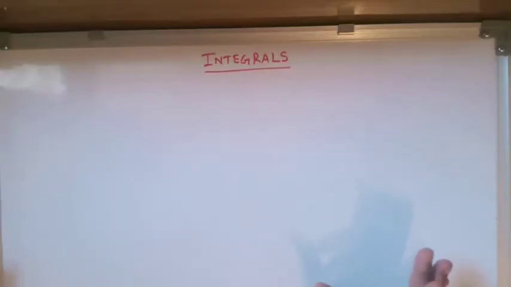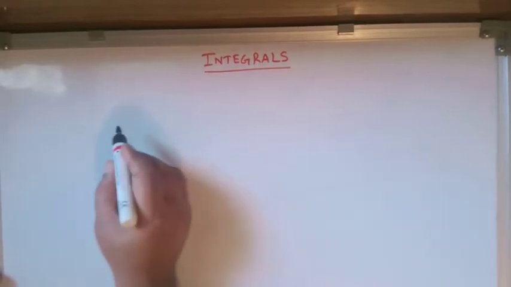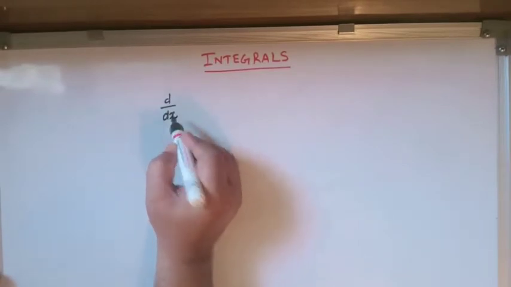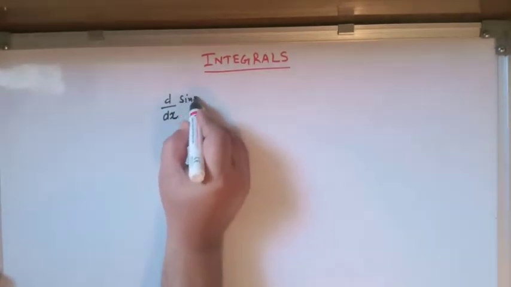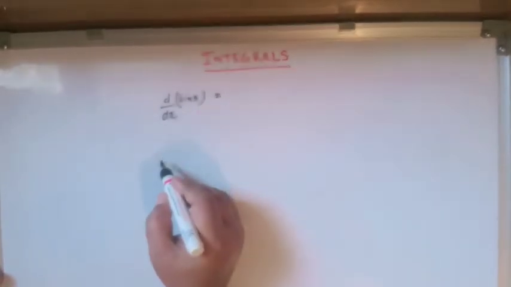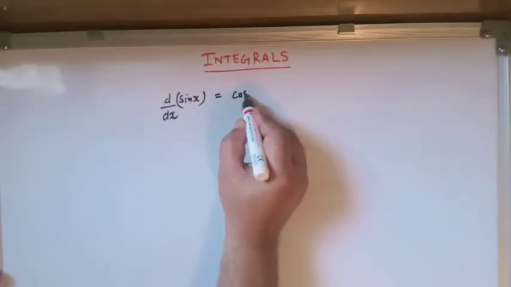Before taking the concept of integral, let me take the derivative of, say, sine x. Clear? So viewers, what is the derivative of sine x? It is obviously cos x. Clear?